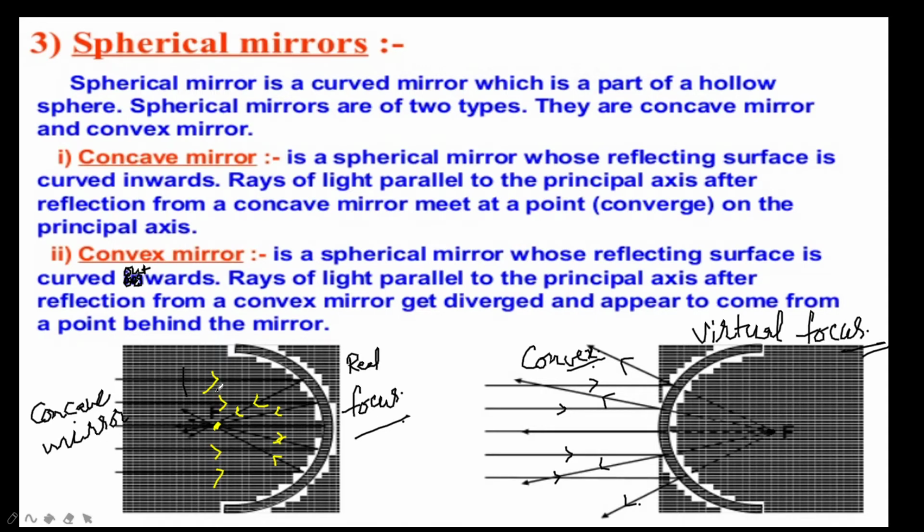In the case of a concave mirror, all the light rays converge at a point, and that is called the focus. In a convex mirror, the point where all the light rays seem to meet after divergence is called the focus.